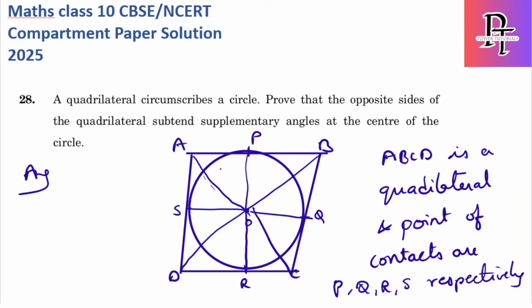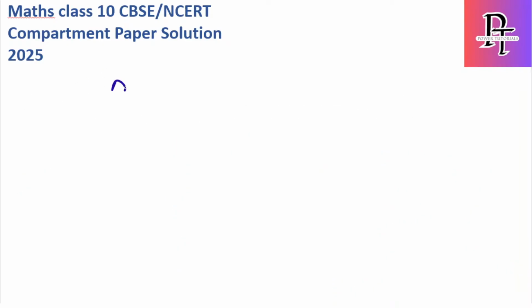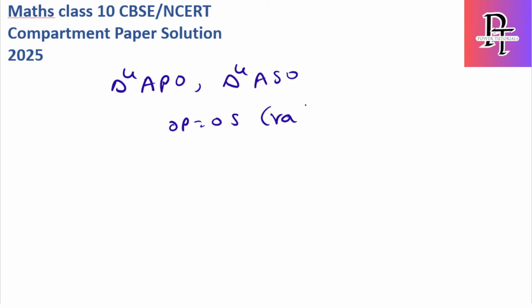Okay, so if you consider triangle APO and triangle ASO, if you notice we have a radius here, which is OS is equal to OP, radius.